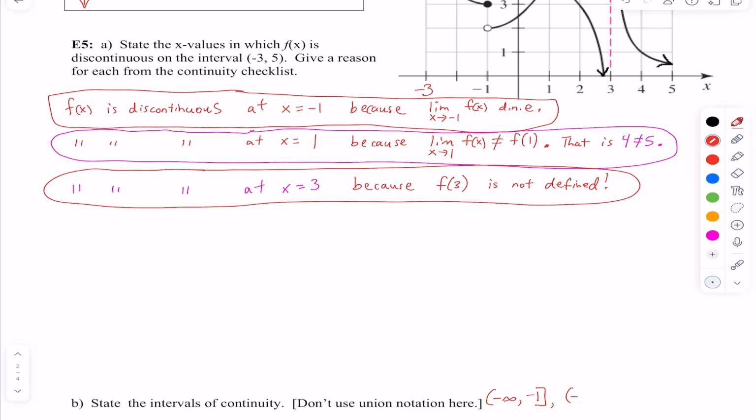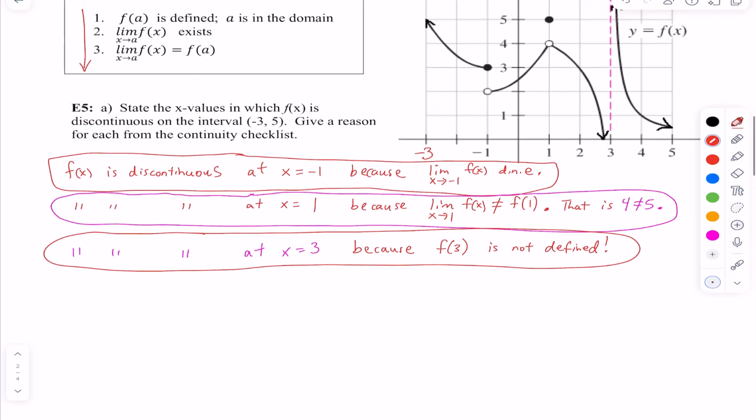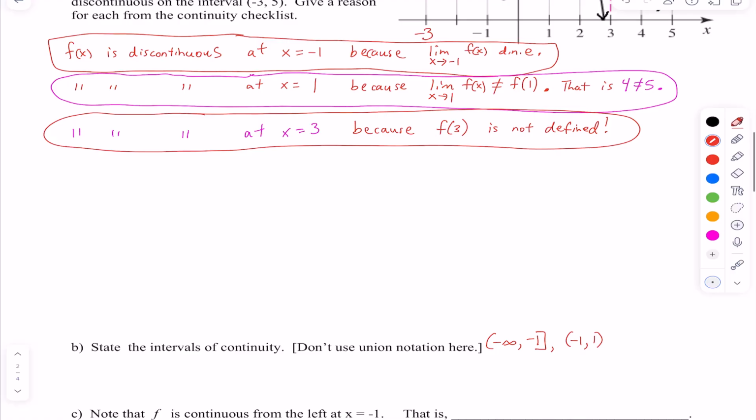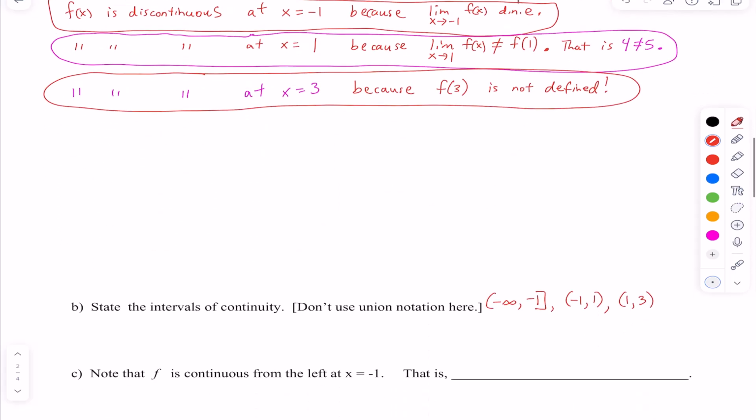Also, -1 up to 1. What's another interval? 1 to 3. Pay close attention to when you're using parentheses and when you're using brackets. That's very important. Then one more here, 3 to infinity.